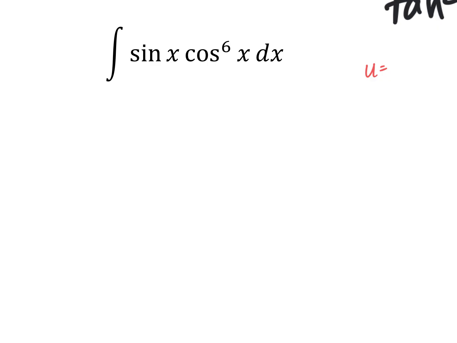All right, so I'll let u equal cosine x, which would make du, the derivative of cosine being negative sine x dx. And so now this integral becomes negative the integral of u to the 6th du. I'm hoping you guys agree with me.